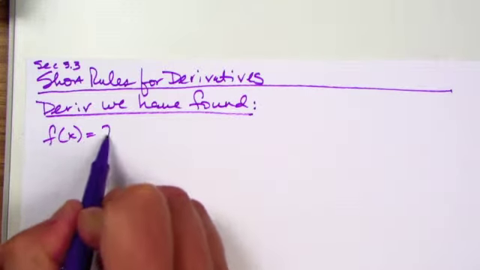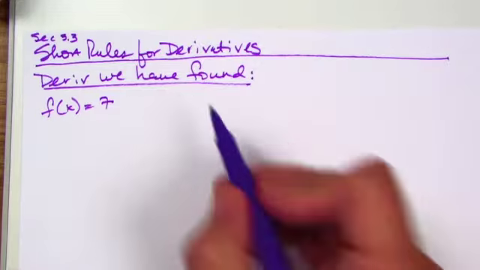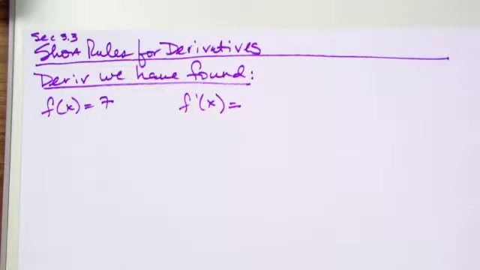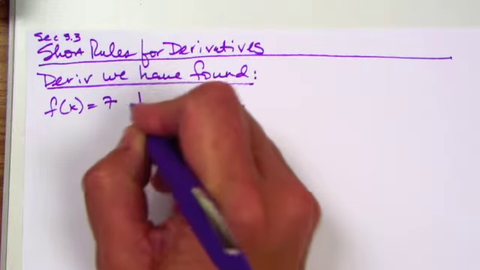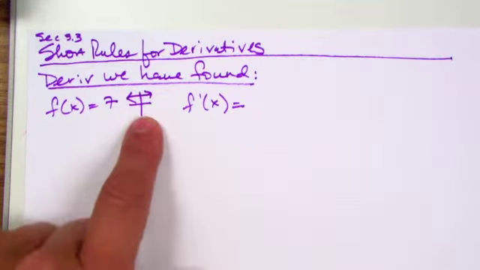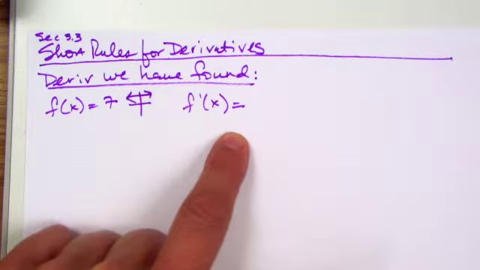If f of x is equal to 7, what is f prime of x? 0. Because f of x equals 7 is a horizontal line, and at every point on a horizontal line you would have a derivative of 0.